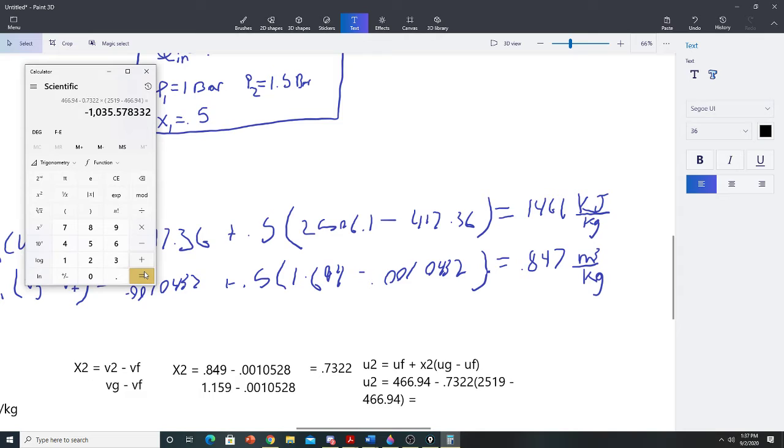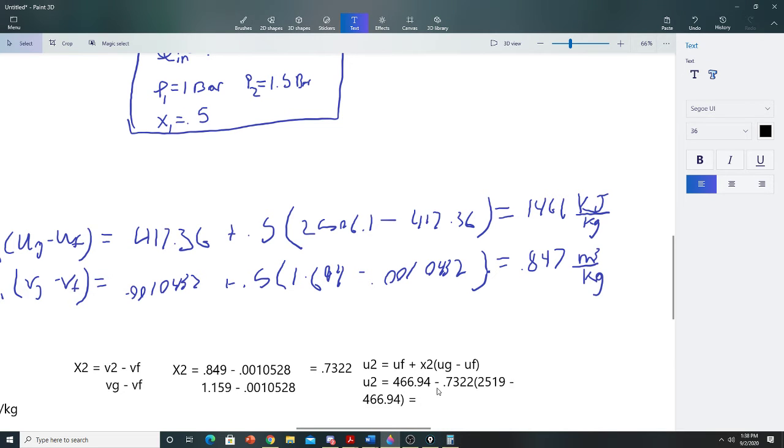Why is that turning negative? Anybody? Is there something in here I'm doing wrong? Oh, I know what it is. It's supposed to be plus X2. You're right. I started looking at it now.